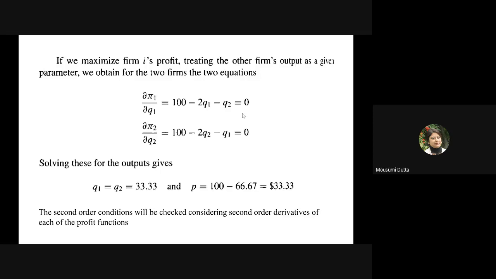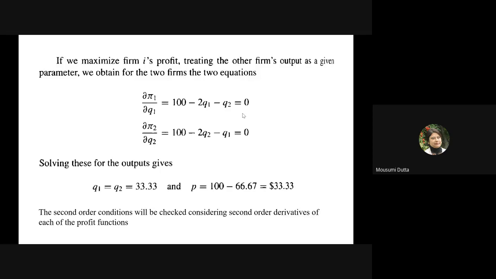Now once you get this, these are two equations in terms of two unknowns, Q1 and Q2. Solving these two equations, you will be able to find out Q1 star and Q2 star. The price will be the common price at which the entire output can be sold.